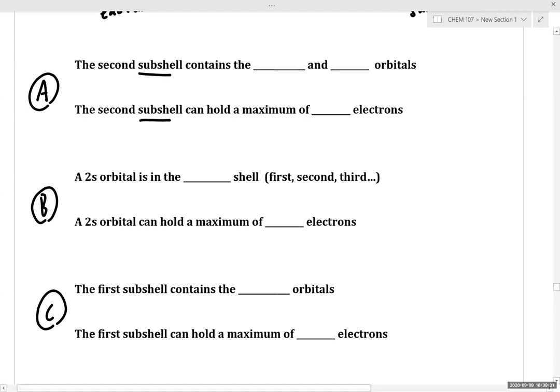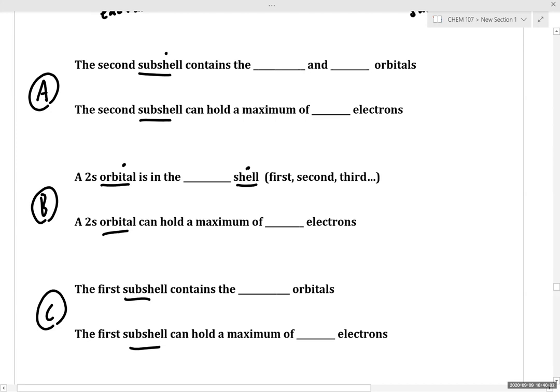Make sure you're highlighting the keywords that you need to answer each question. You should be familiar with what a subshell, shell, and orbital is describing. We'll take about 5 minutes on this example, and then we'll come together as a group to discuss. Don't be shy to share your responses in the chat or verbally.